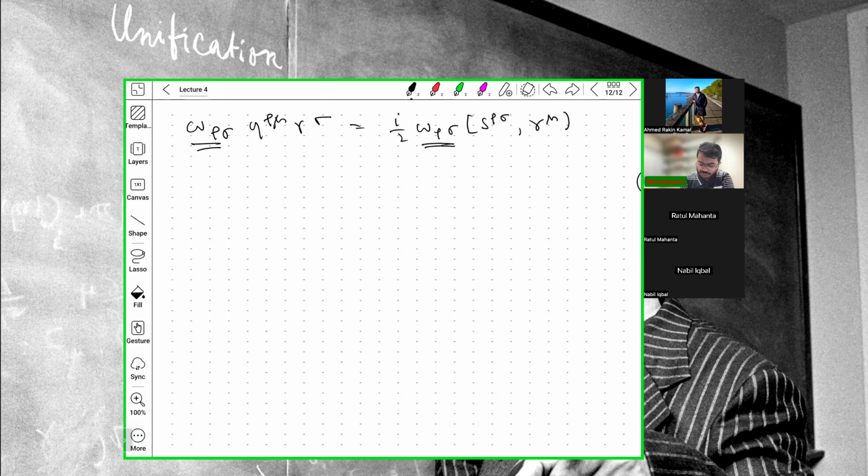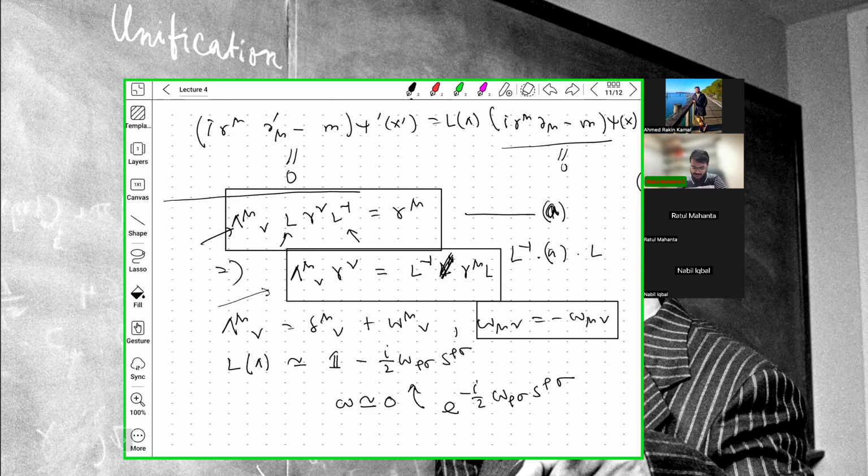So what should we equate? We should equate the antisymmetric part on both sides. By definition, I have taken S. This we'll call spin matrices. These are antisymmetric in rho sigma indices, because since it multiplies omega, better we should define it with only antisymmetric matrices.